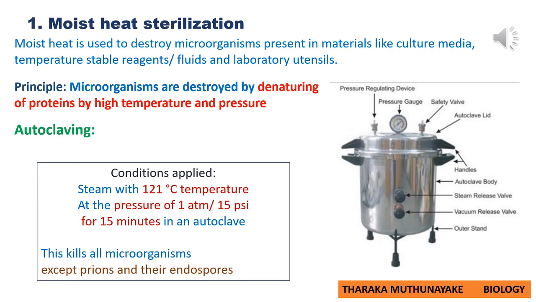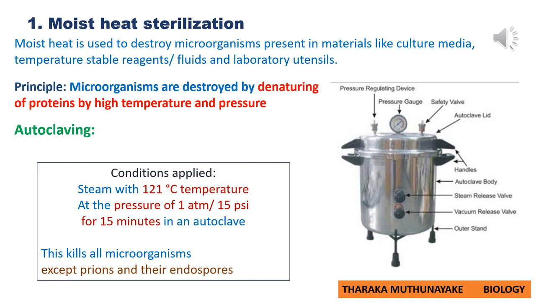So conditions used in autoclaving are steam with 121 degrees Celsius at the pressure of 1 atm or 1 atmospheric pressure or 15 pounds per square inch. PSI means pounds per square inch. This temperature and pressure should be applied for 15 minutes in an autoclave.